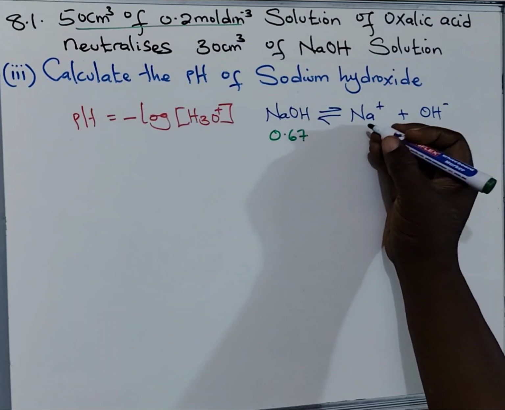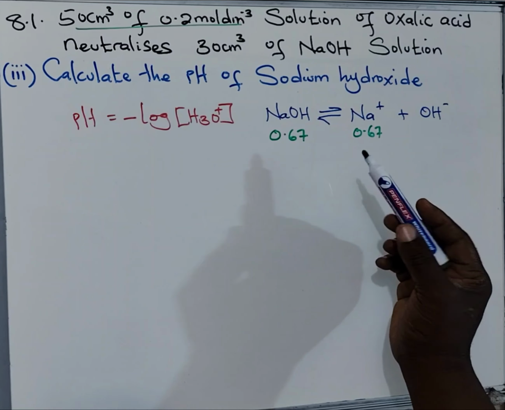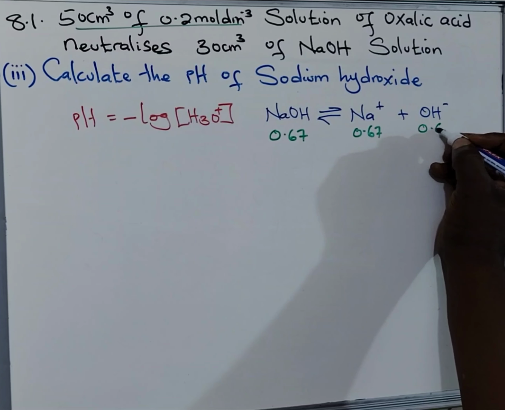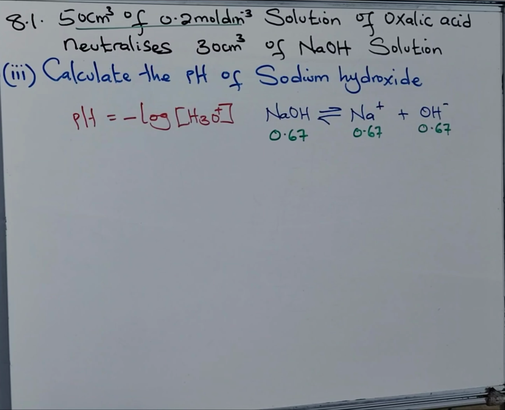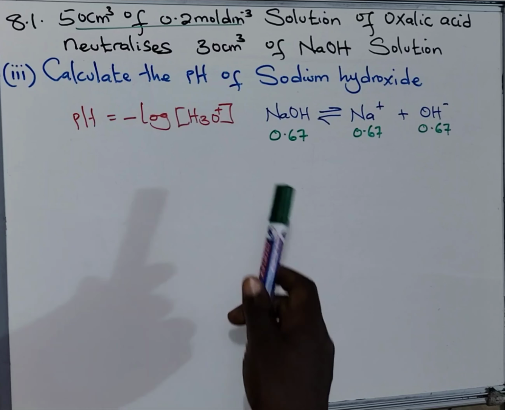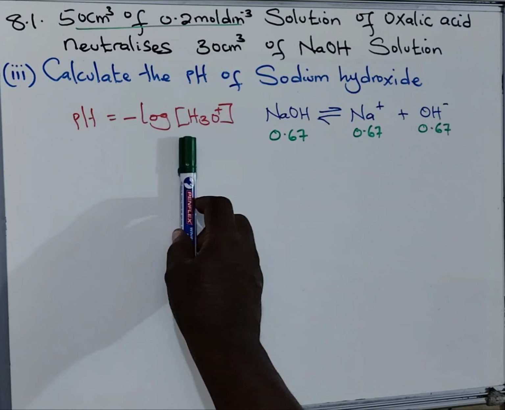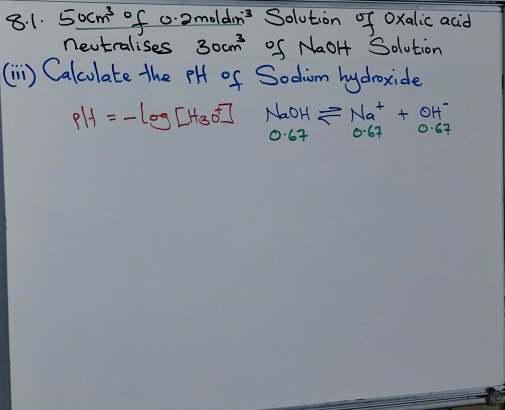So this one is also going to be 0.67 moles per cubic decimeter. Also, this one is going to be 0.67 moles per cubic decimeter. Now you have to know that we are faced with a challenge here. The concentration we are considering here is hydronium ions, and we don't have it anywhere here.